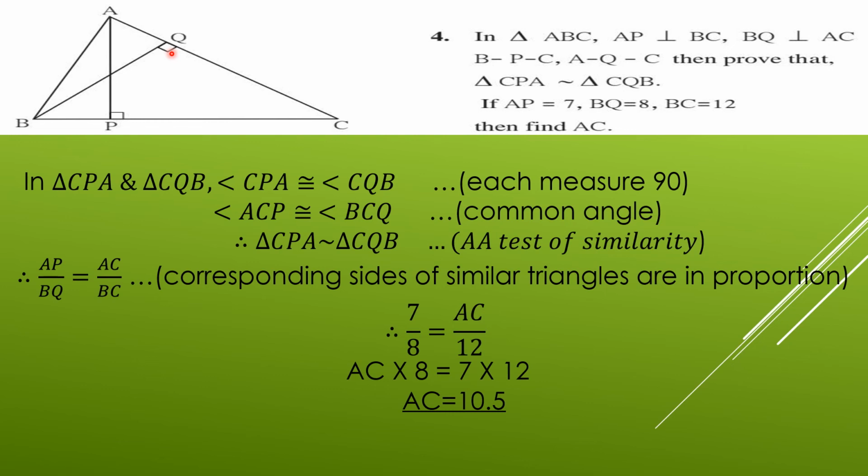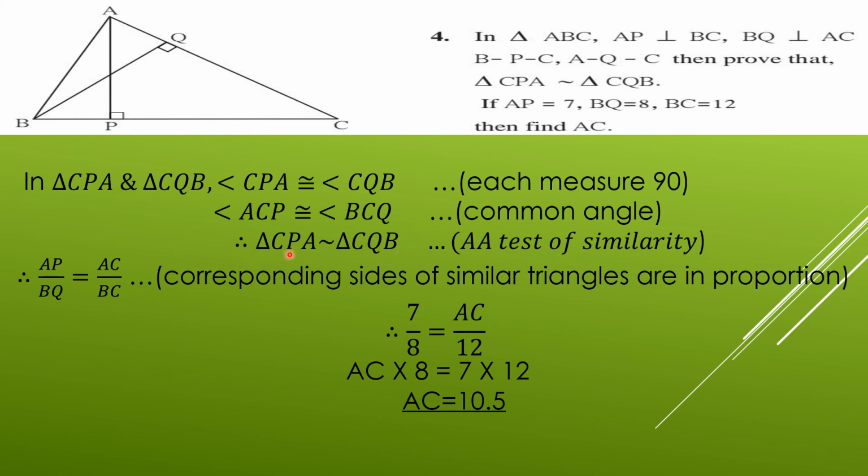The reason is both the angles are of the measure 90 degree. Then angle ACP is congruent to angle BCQ. This is the common angle in both the triangles. And therefore, by AA test of similarity, we can say that triangle CPA is similar to triangle CQB.